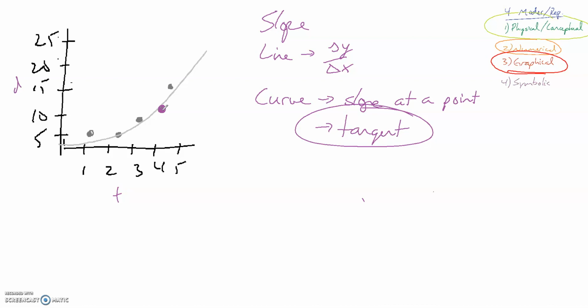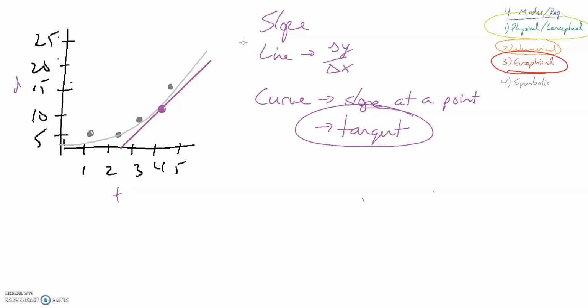So what I want to do is I want the slope at that point. Well, I don't have a straight line, it's a curve. So since I don't have a straight line, I am going to make a straight line. And the idea, I can use my fancy computer stuff here, is to do something like this, where you draw a line that skims the curve, and it's called a tangent.